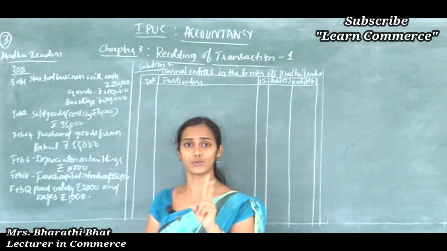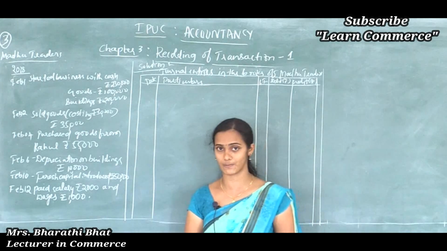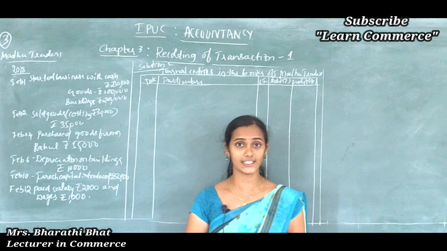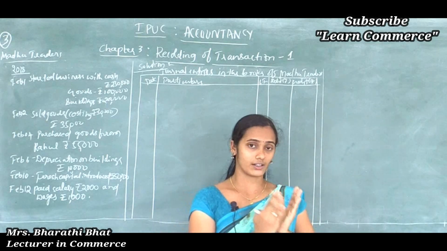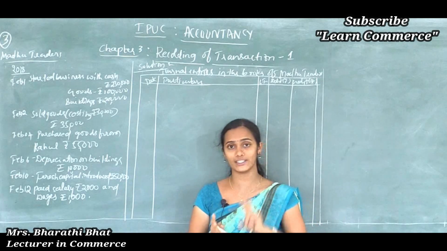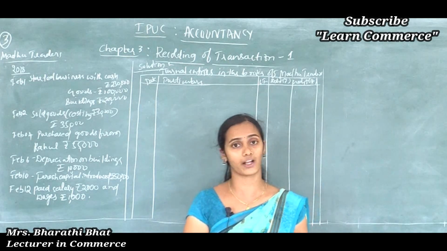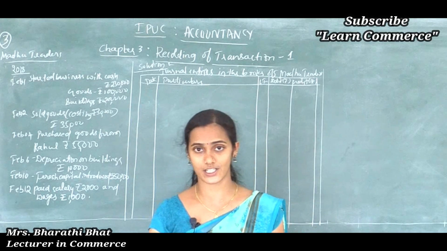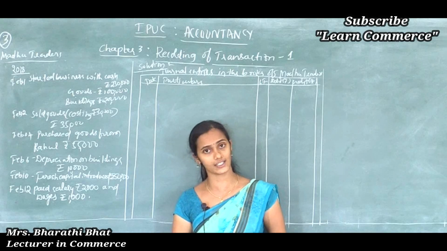See, we have two systems of accounting, that is single entry system and double entry system of accounting. In the single entry system, the transaction involves only two accounts, where only one amount is debited and another is credited.